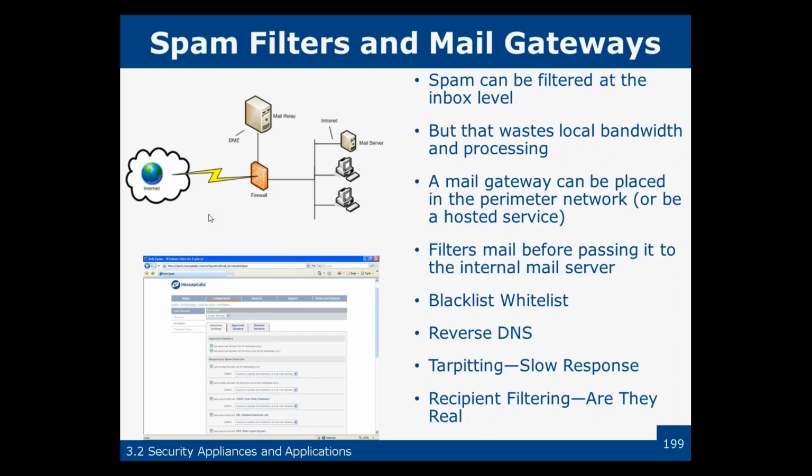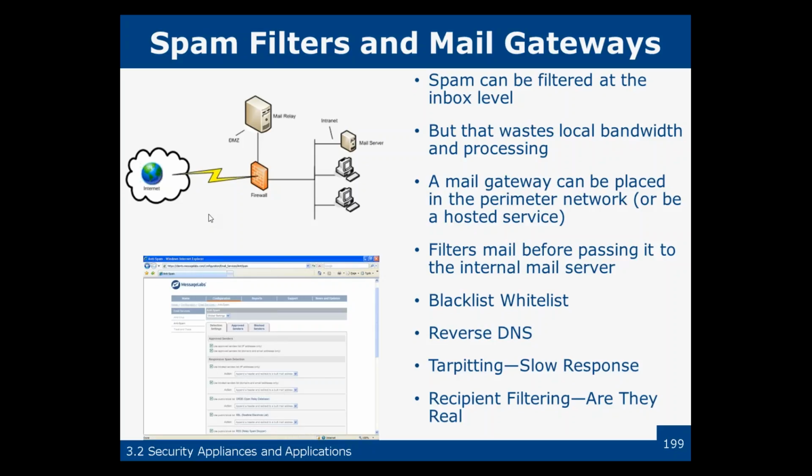So it filters. What we want to do is filter it before it goes into our network, and that's a blacklist and whitelist. If you are a spammer, those SMTP servers get put on a blacklist, and they then don't get their mail transferred from one server to the other.